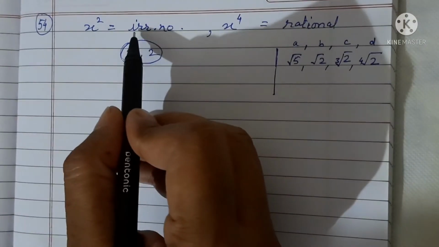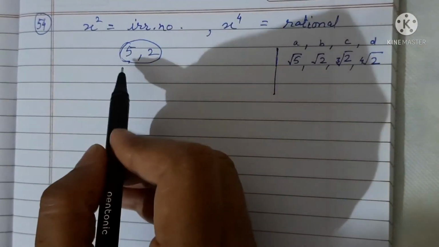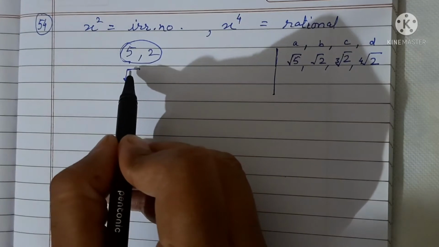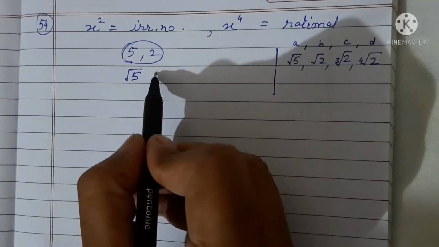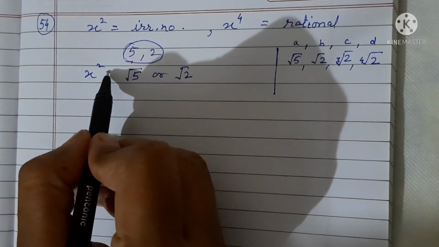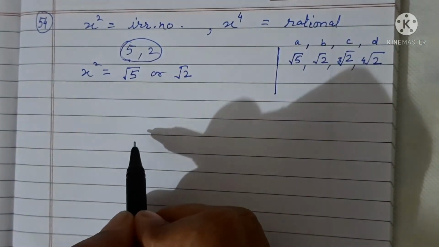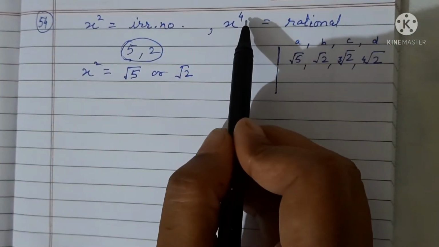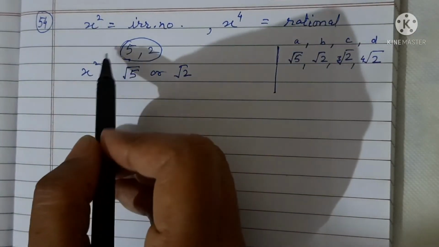So if these are irrational, it may be in the form of under root 5 or under root 2. X square may be under root 5 or under root 2. Now here x to the power of 4 is rational.